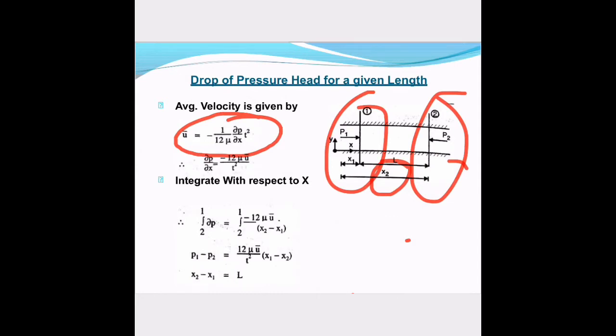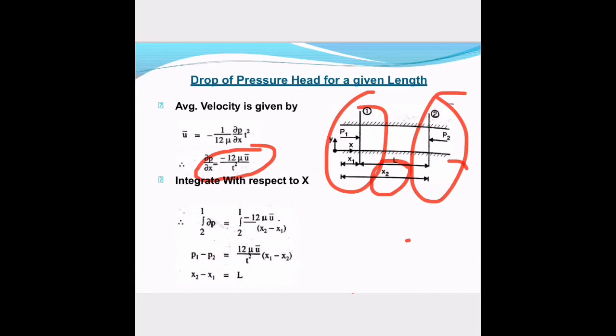So from this average velocity equation you have to find out the pressure head. How can you find out the pressure head? You have got the term del P by del x. Now this del P by del x you have to integrate with respect to the x direction.